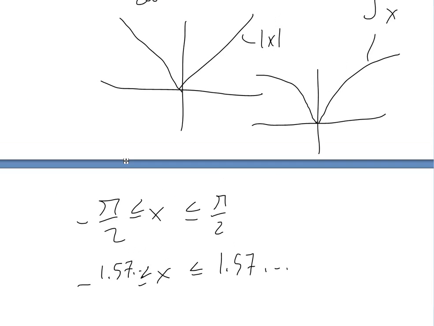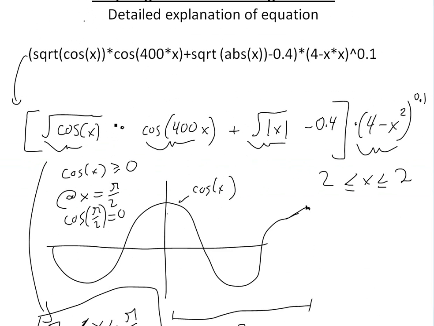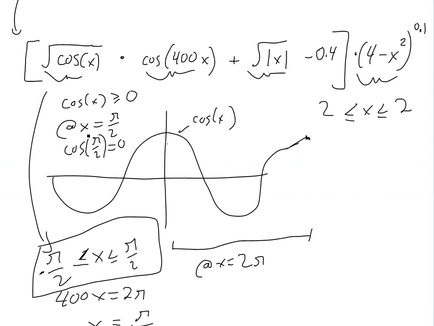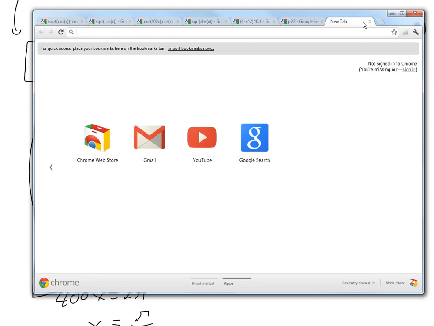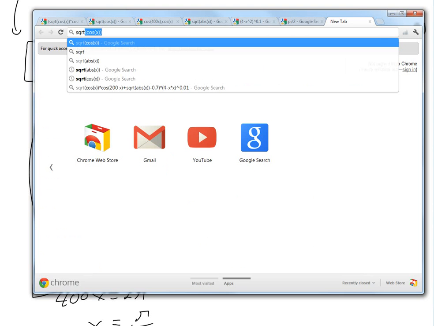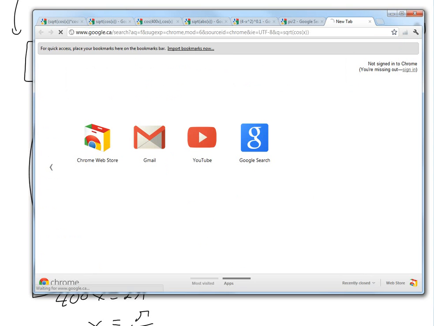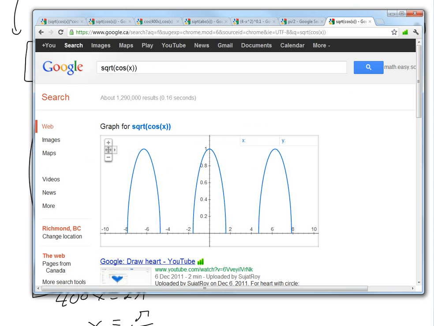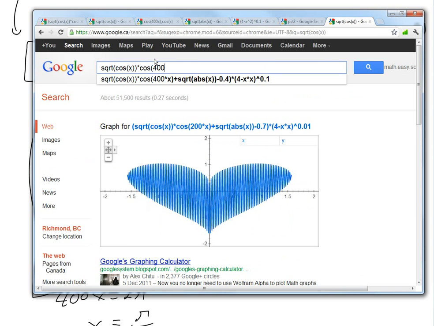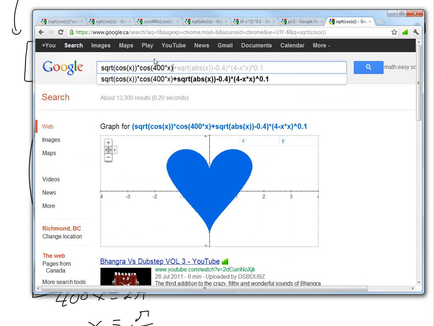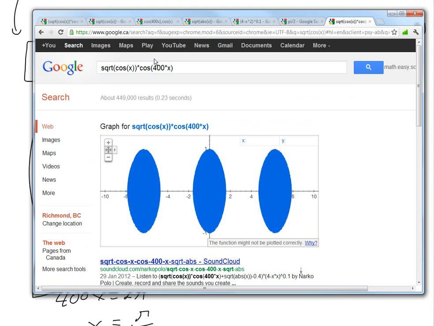Okay, so now we understand all these curves. Let's put them together. Let's just write square root cos x. Now let's multiply this one out by cos 4x and see what happens. If you multiply it out by this, you get this one.